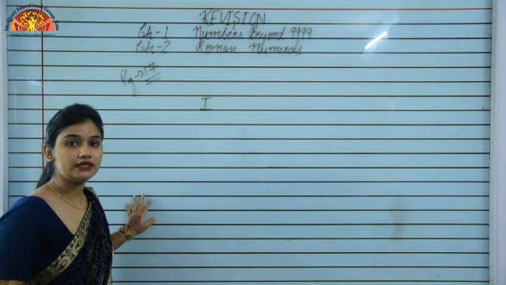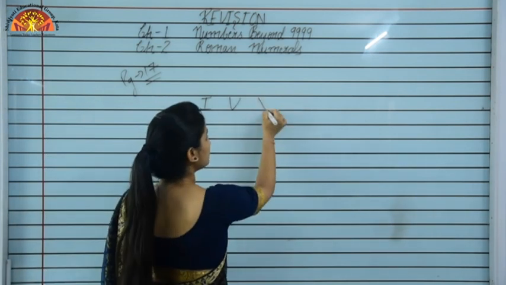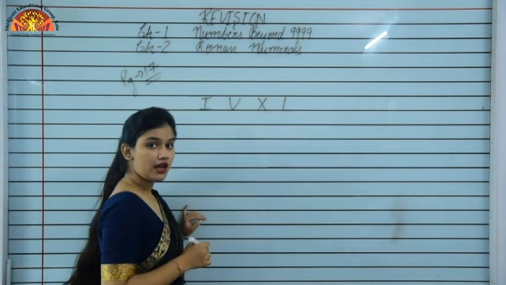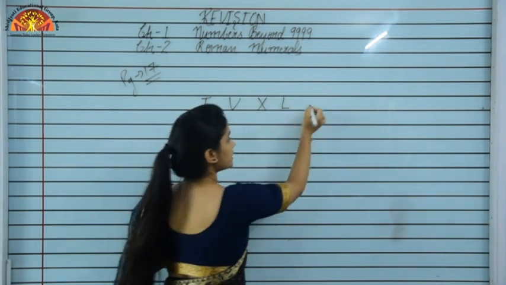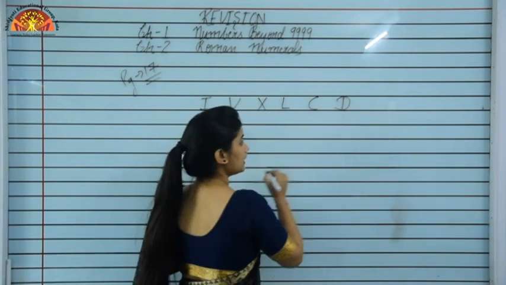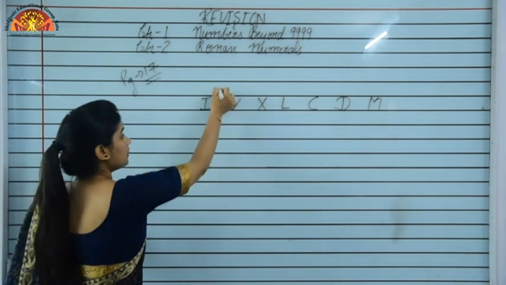First we'll take I, then V, then X, then L, then we'll take C, then D, and then M. Understood?